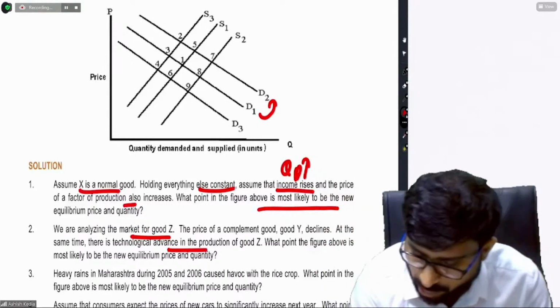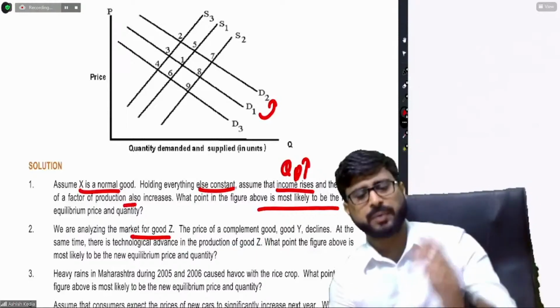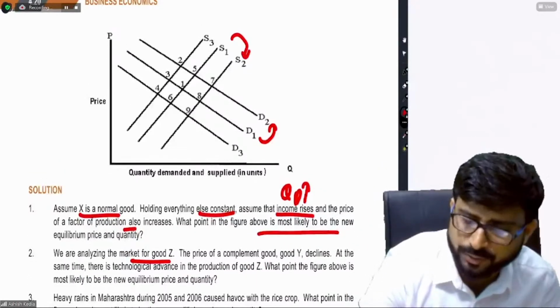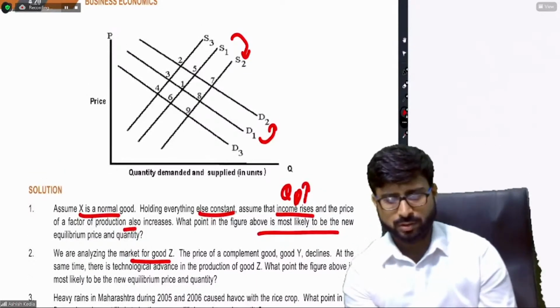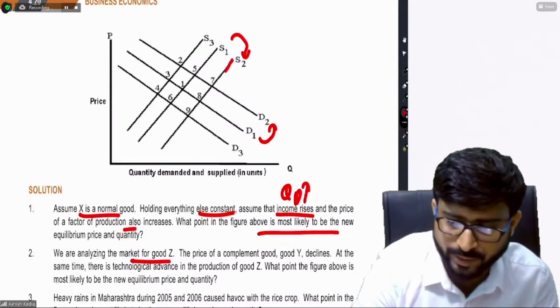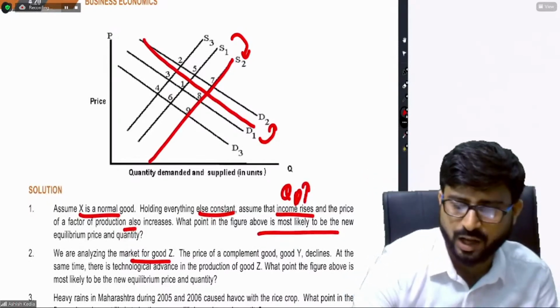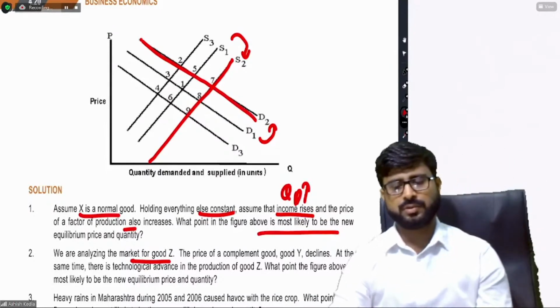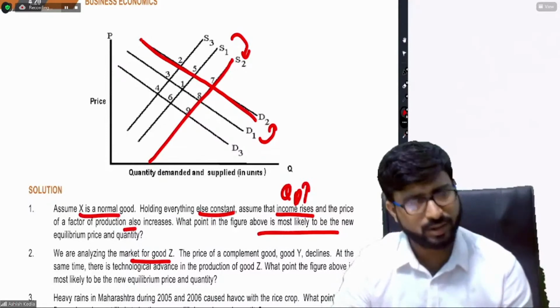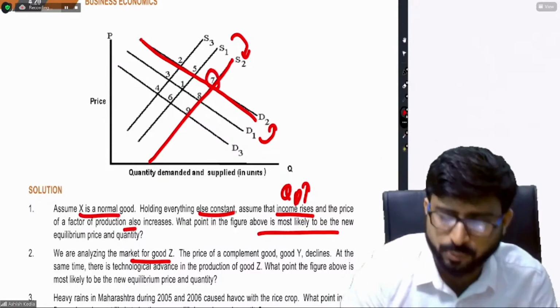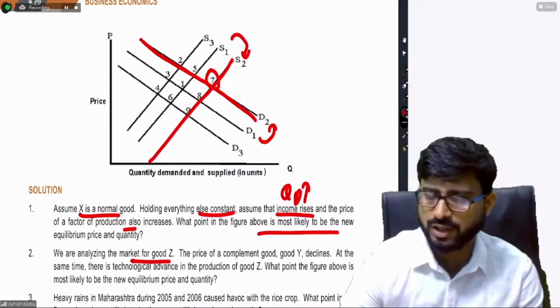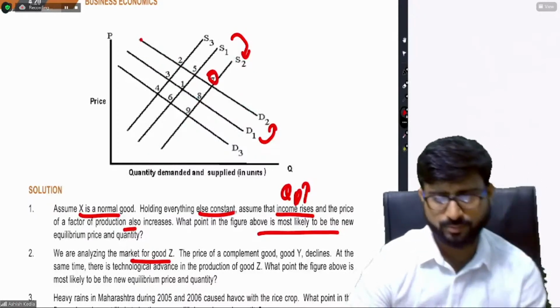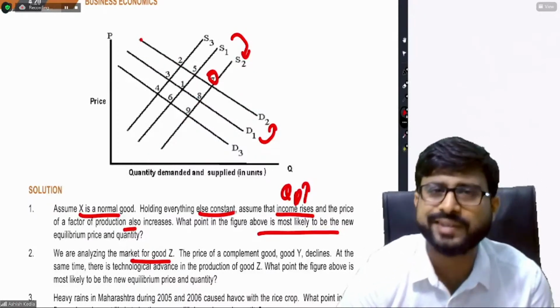At the same time, there is technological advancement. So quantity supplied will also rise. So from S1 they have shifted to S2. Which point? If S2 and D2 are at the same point, then it is 0.7. So the answer is 0.7.